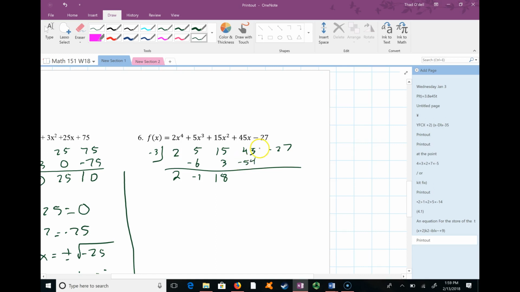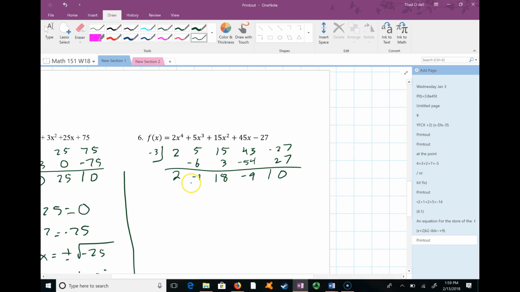And -54 plus 45 is -9. -3 times -9 is +27, and I get 0. And so there's 1. Now I'm dealing with a cubic.